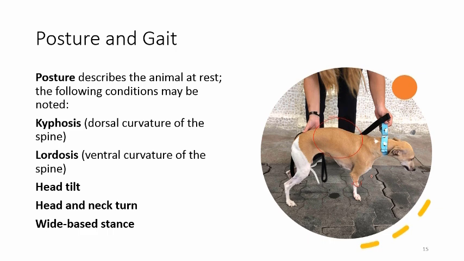We can also look for things like head tilt, head turn, head and neck turn, base wide stance. But as we were talking about, head tilt and head turn really are more cluing us into brain things, right? Base wide stance definitely can clue us into some neurological issues.